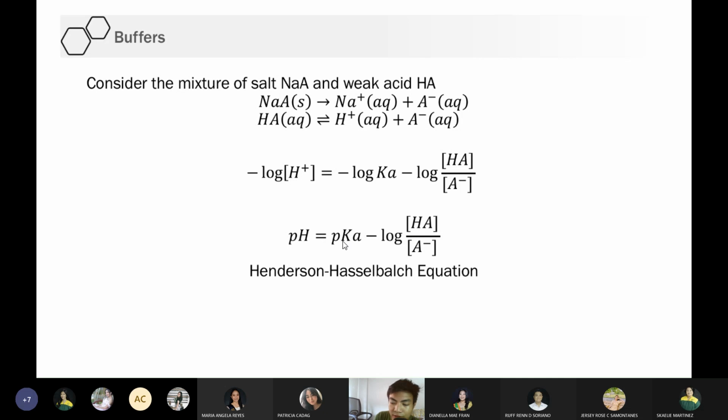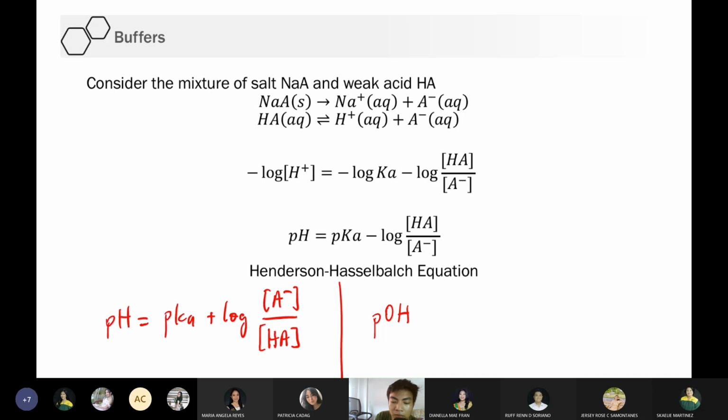Other forms of the Henderson-Hasselbalch equation ay ito: pH equals pKa plus log of conjugate base over the acid. So that's one version. Ginawa lang dito, yung sign ng logarithm pinalitan. When you change the sign of the logarithm, the fraction reciprocates. Bumabaliktad yung fraction. Nasa rules yan ng log. And then the counterpart of this equation is the basic equation.